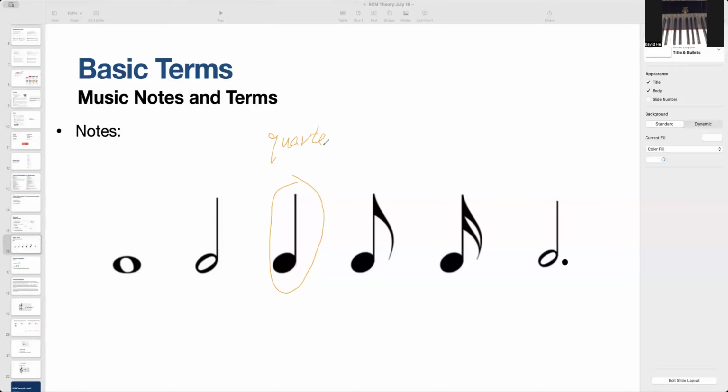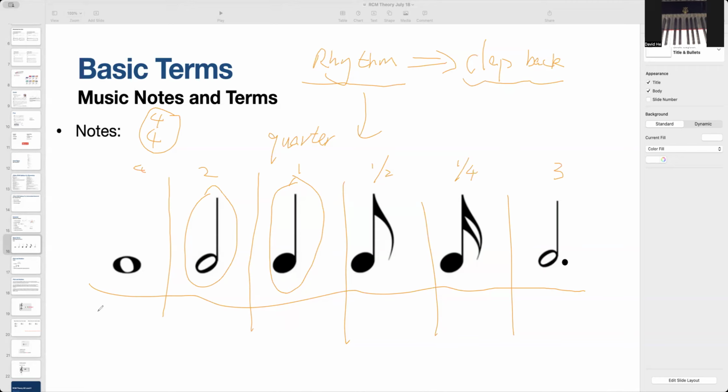Okay, clap back. Because we need to clap back all the notes in here, we can use different names for them. This one we call ta-a, and this one's ta-a. And this one's ta. And this one is ti.